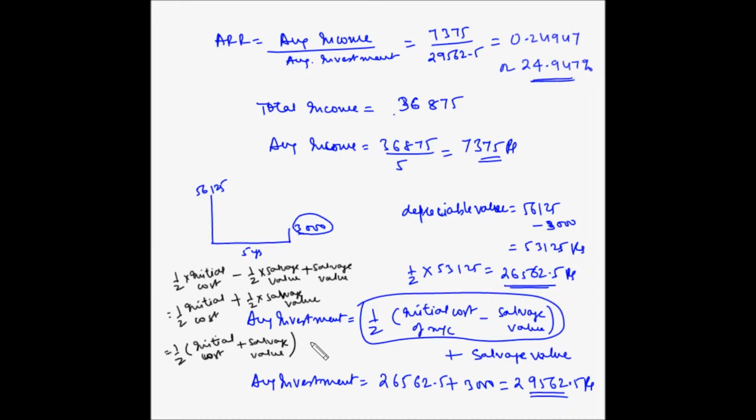So in principle, these two are the same things. Whichever you find easier to remember, you can use that. So this is one way of finding ARR. There are multiple ways in which people interpret how to find ARR.